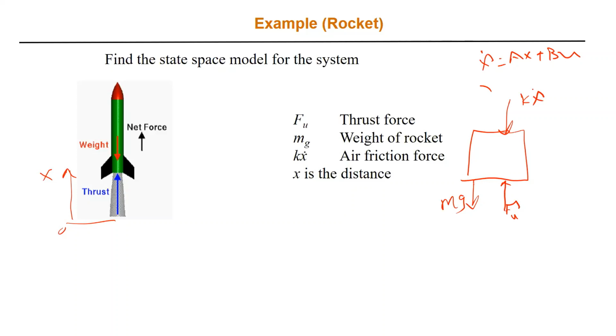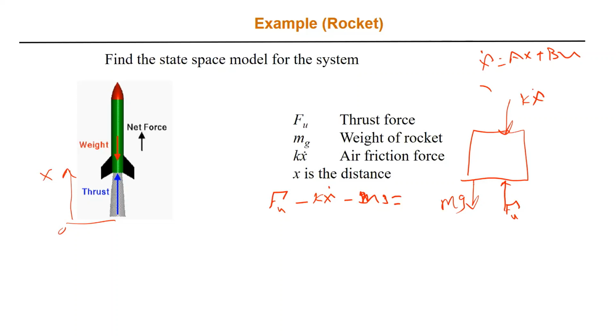We would have the thrust force f of u minus the friction, x dot, minus mg equal 0. Equal to what?